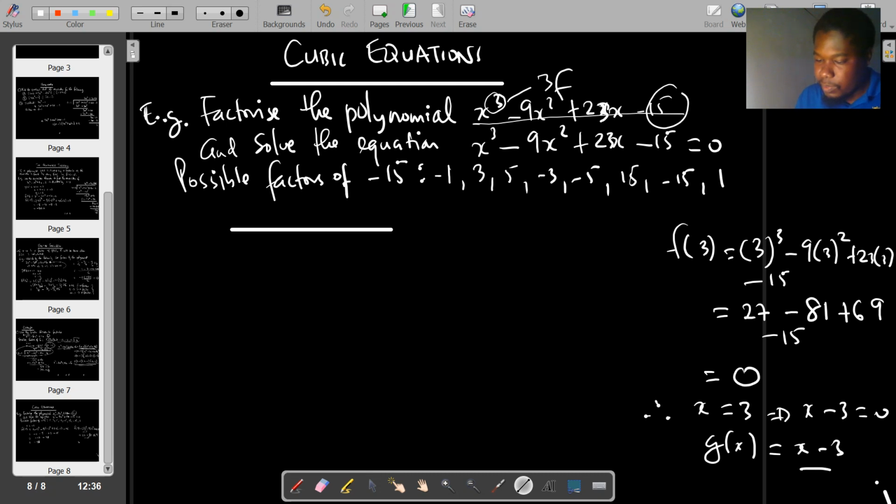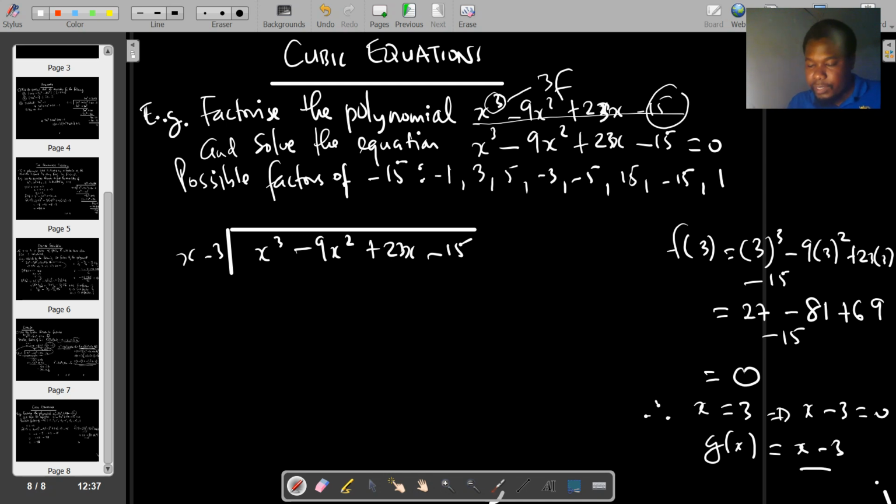So this is how it's going to be. We need to make sure that these things are in order of descending powers and they don't have any missing terms. From the looks of it, they don't. So it's x to the power 3 minus 9x squared plus 23x minus 15. And then here we put x minus 3. x into x to the power 3 is x to the power 2. x squared times that, x to the power 3, this times that, 3x squared.